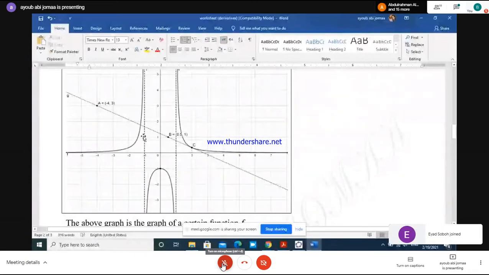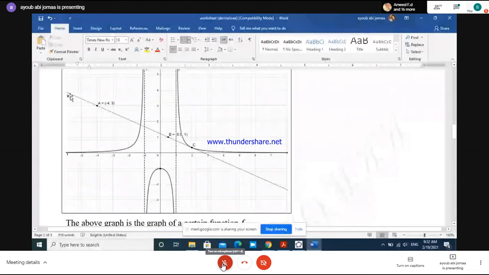This dotted line is the tangent. How to benefit from this tangent? It is the derivative. The slope of this tangent line is the derivative of the function at the point of abscissa 2.